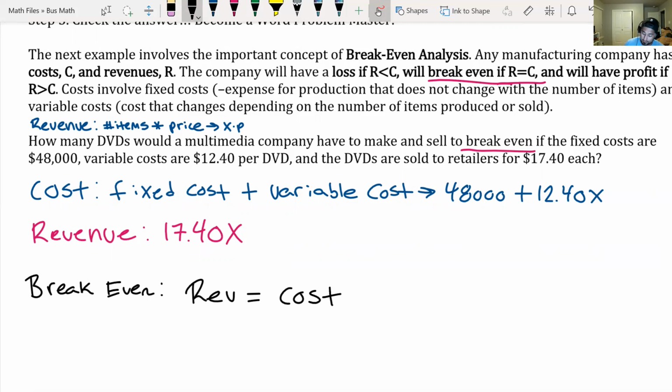So revenue is $17.40x equal to cost, which is 48,000 plus 12.40x. And all you have to do now is solve for x. That's it.